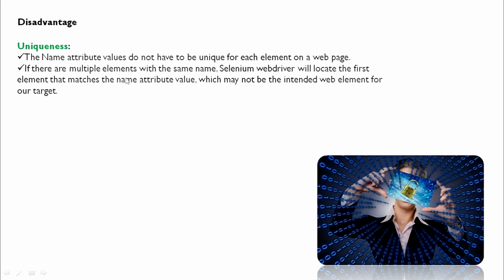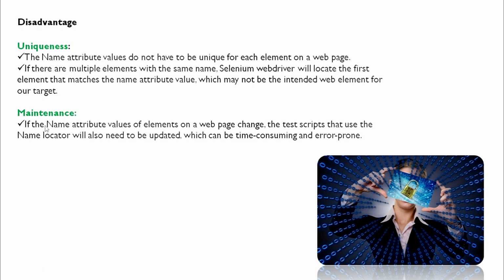Suppose we want to target the third web element, but if the first and second also have the same value, then Selenium by default will locate the first one. Now the maintenance. If the name attribute values of the elements on the web page change frequently, then the test script that uses the name locator will also need to be updated, which can be time consuming and error prone.